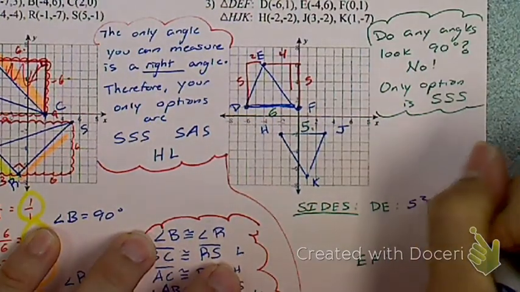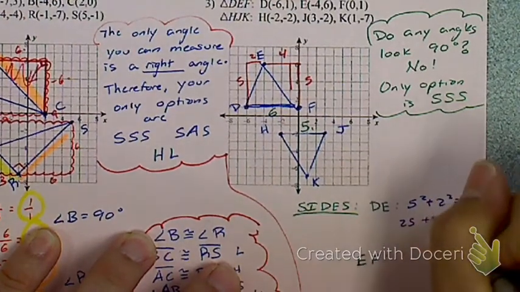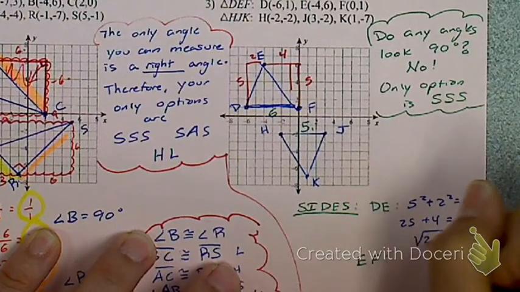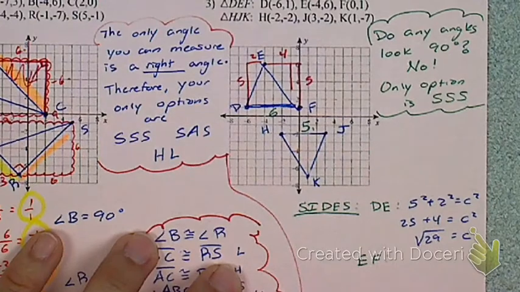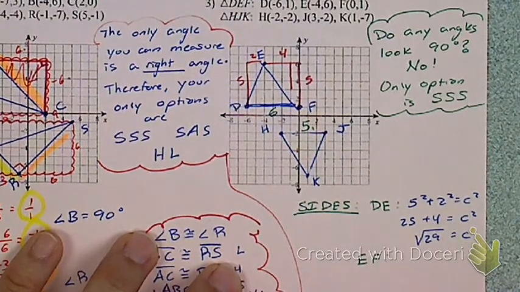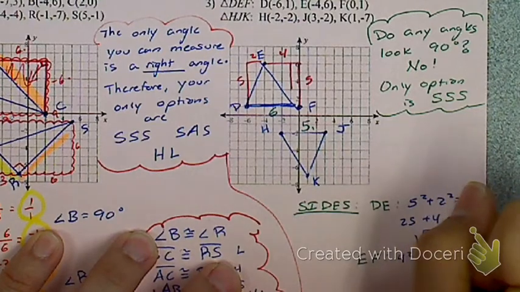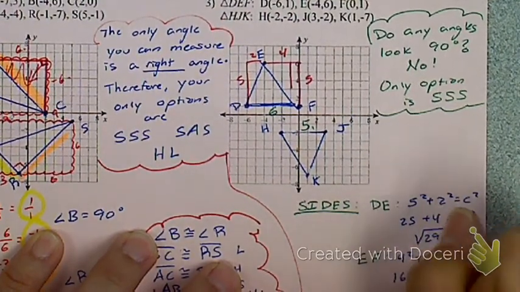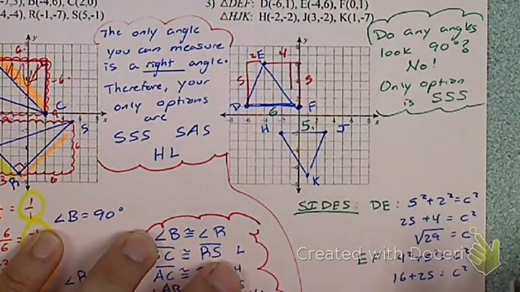So for DE, it's 5 squared plus 2 squared equals C squared. 25 plus 4 is how much? So C is the square root of 29. Does that equal 5? No. EF. 4 squared plus 5 squared equals C squared. 16 plus 25 is?